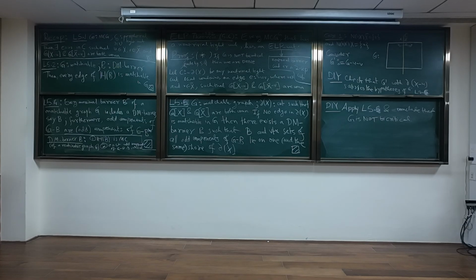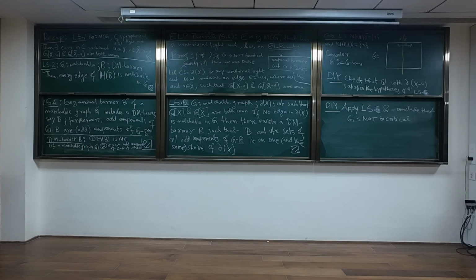You're looking at B or U? The Dulmage-Mendelsohn variant, can that be trivial?